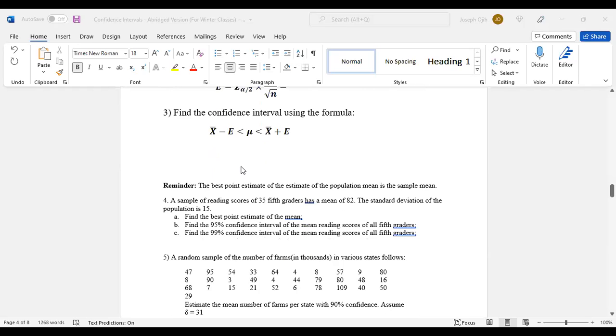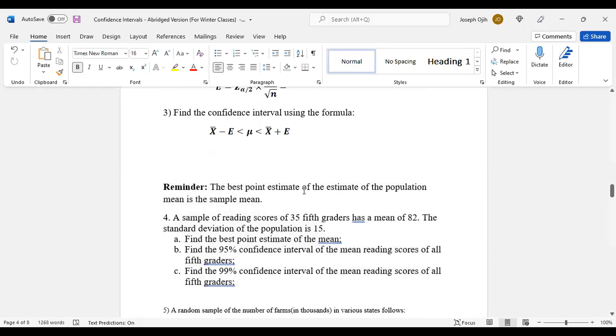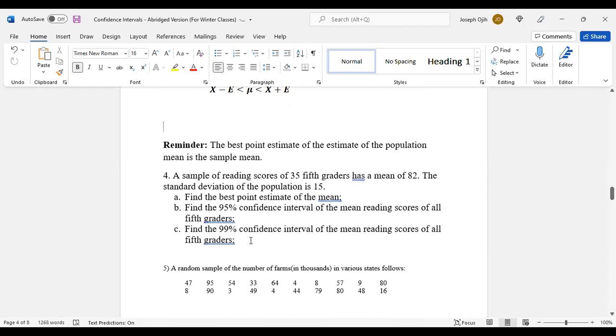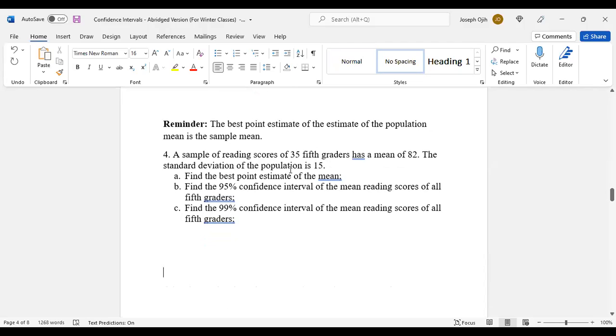Let's do one example. Before we do that, I want to remind you that the best point estimate of the population mean is the sample mean. Number 4 says: a sample of reading scores of 35 fifth graders has a mean of 82 and a standard deviation of 15.